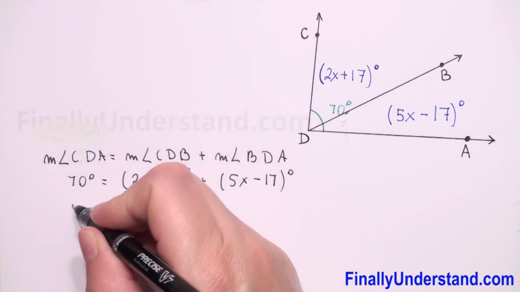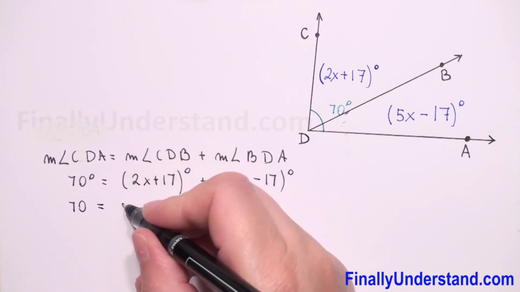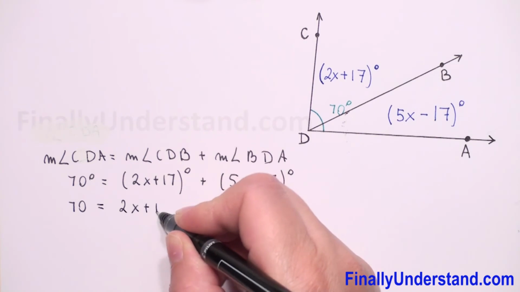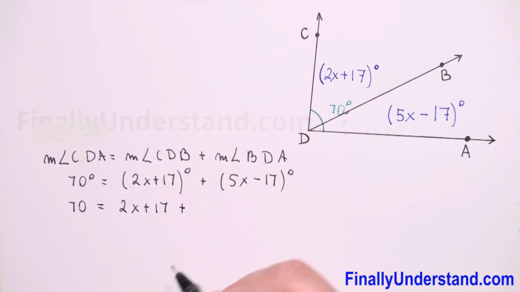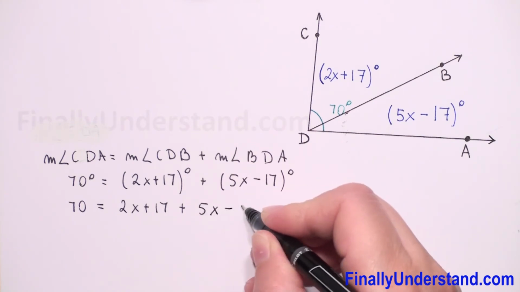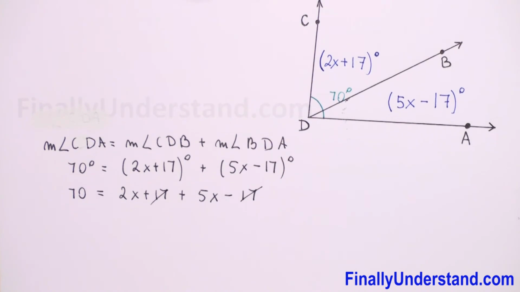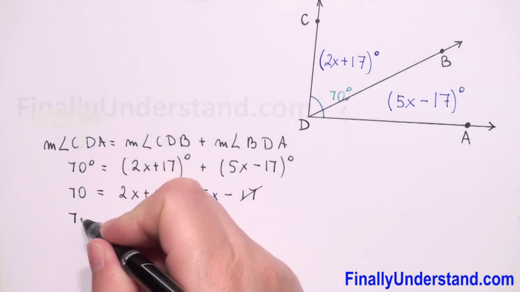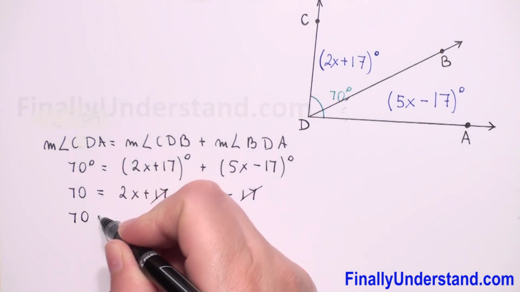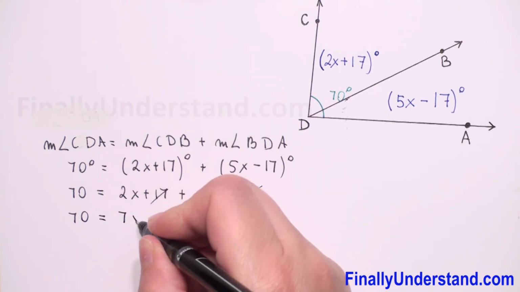We have on the left side 70. This is equal to 2x plus 17 plus 5x minus 17. So 17 and 17 we can reduce, and we have 70 is equal to 2x plus 5x, which is 7x.